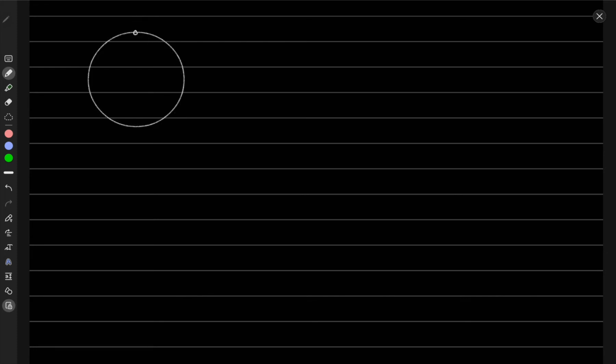So it starts its journey at this point A and it completes its journey in this way and comes back to point A. So that's really the definition of a circle. Now let's suppose that the circumference of this circle is 2.4 meters.